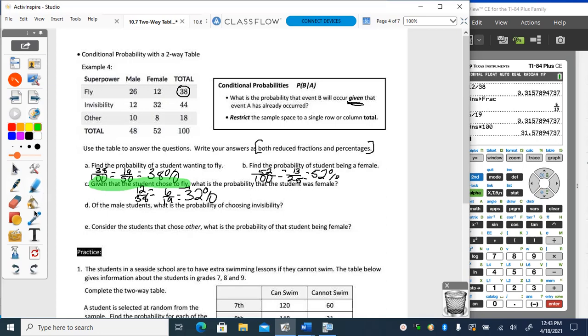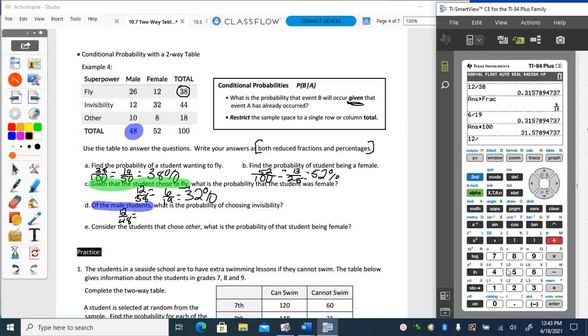So let's see the next one. It says, of the male students. So now the total we're looking at is the total of the male students, which was 48. So we have over 48. What is the probability of choosing invisibility? How many of the male students chose invisibility? Well, that was 12. So we have 12 over 48. Let's reduce that fraction.